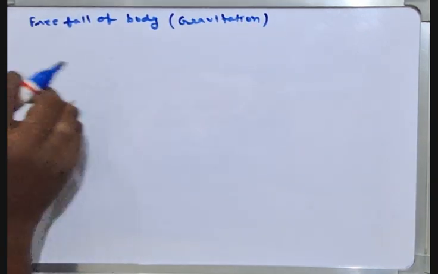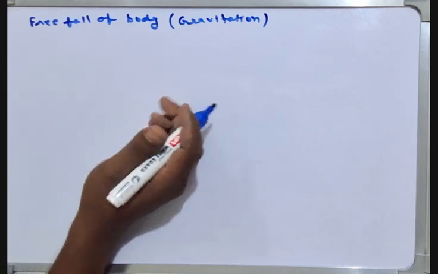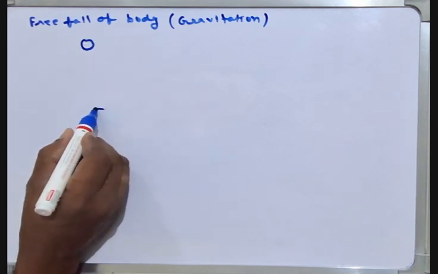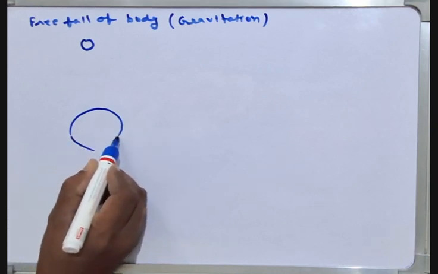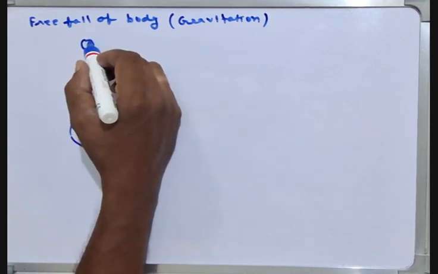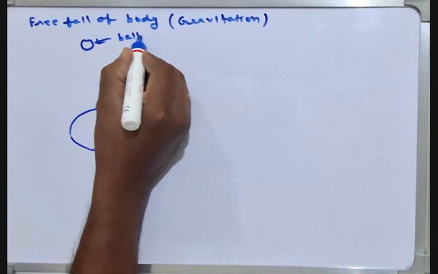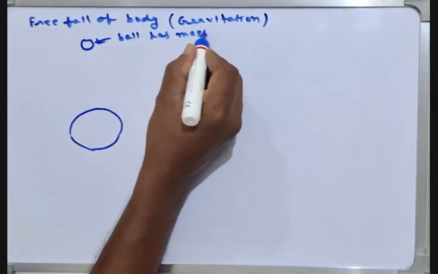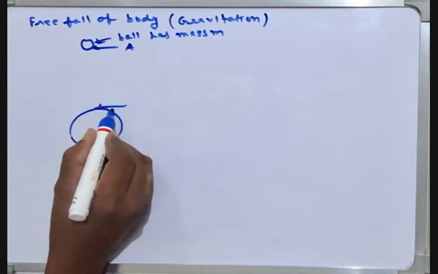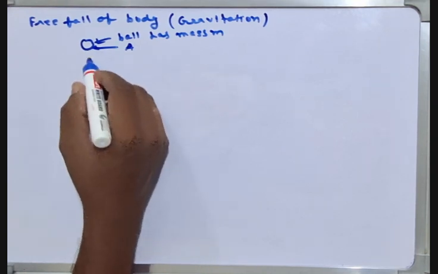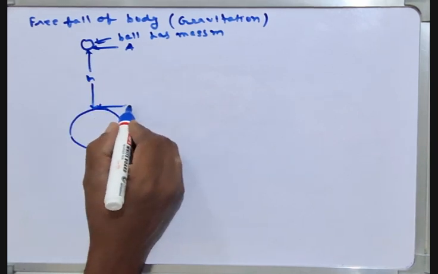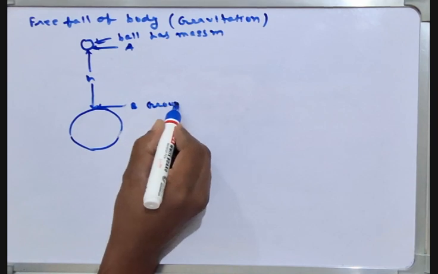Okay, now see, this one is a ball and this one is our earth. Okay, now suppose this ball has mass m and its position is here, A. Now suppose this ball travels a distance h and then reaches the ground.